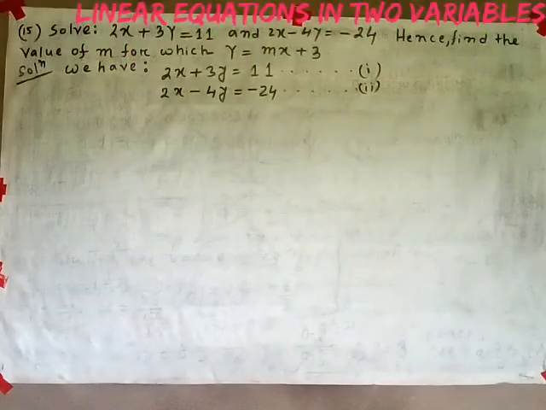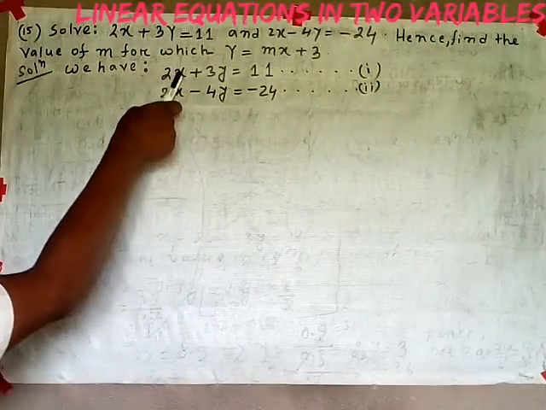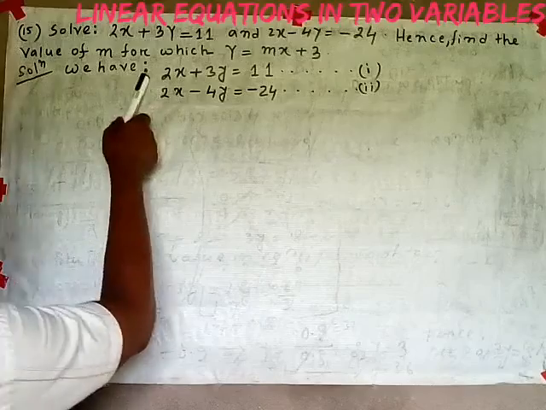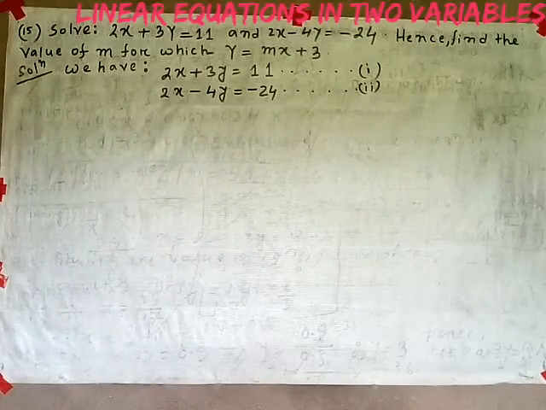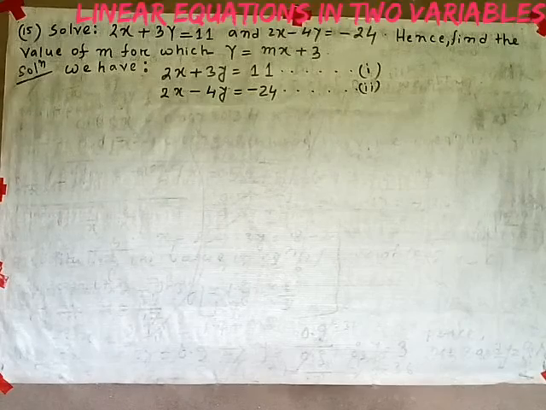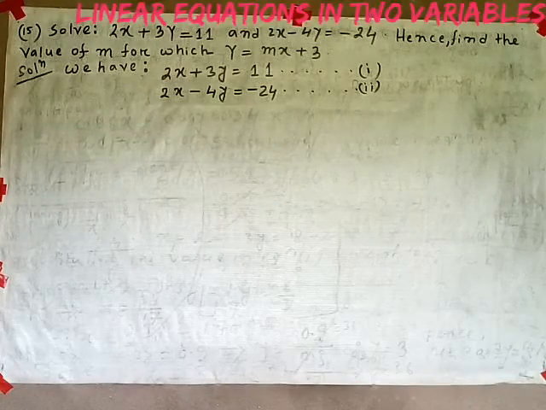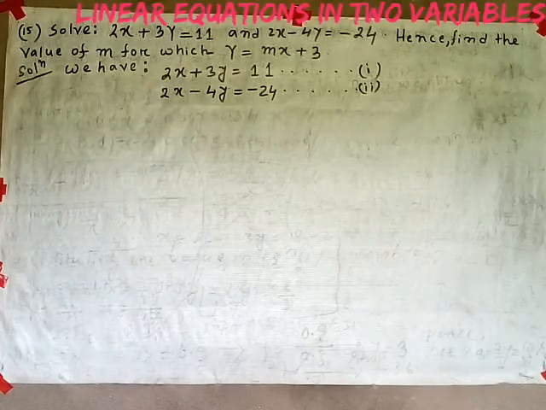If it is the same, then we have to see the symbol. In the first equation, before 2x there is a plus symbol. In the second equation, before 2x there is also a plus symbol. If the symbols are the same, then we have to do subtraction.